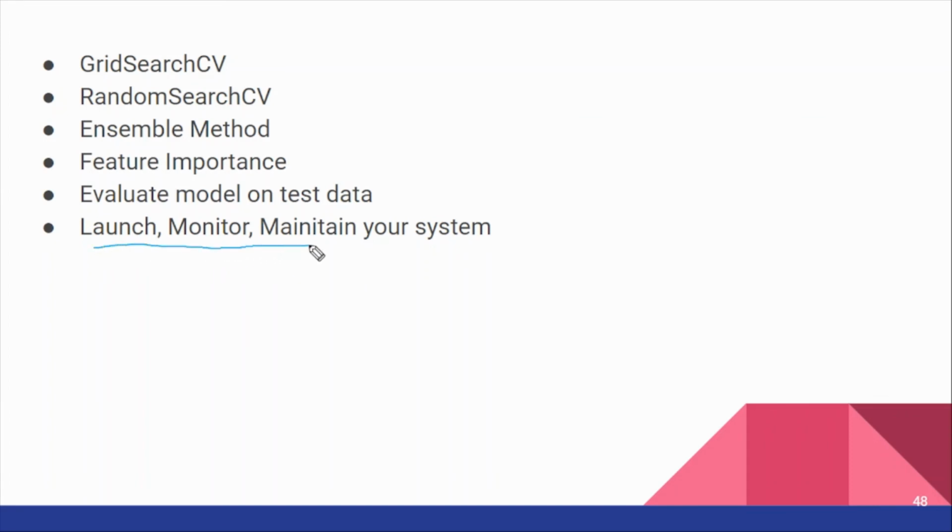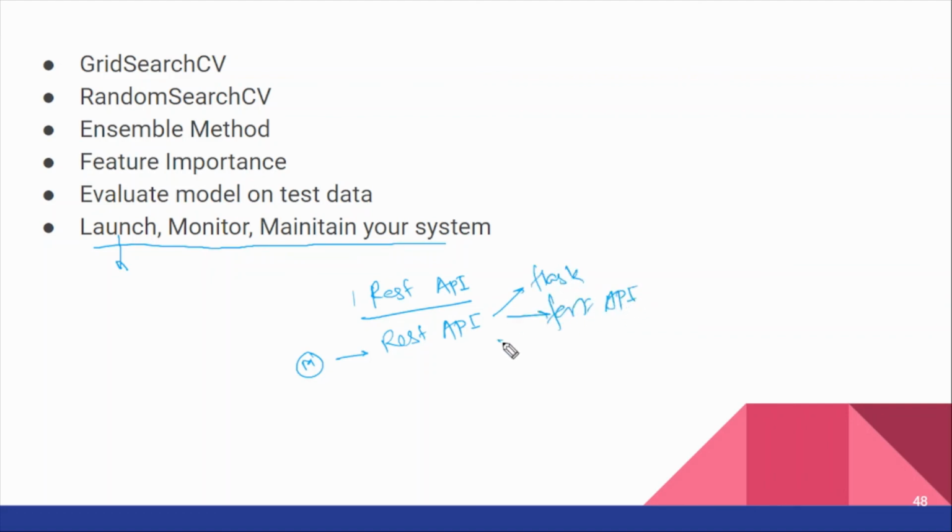So launch and monitor the maintenance system means that once you have decided which algorithm is good, one general strategy to follow is called the REST API strategy. So what happens in the REST API strategy? The good part of REST API is that you can integrate your model with some kind of REST API program, I can say Flask, FastAPI.